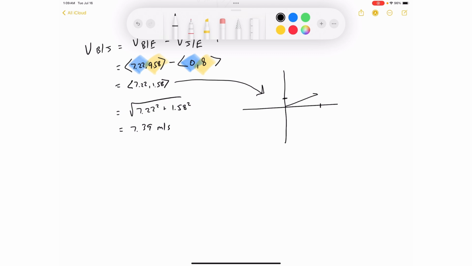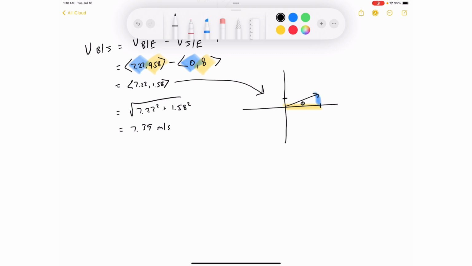So the vector looks a little bit like that. Great. And so what I want to do is put an angle here. We'll call it phi. I want to break this up into the horizontal component. Oh, well, I actually already have a horizontal component, and the vertical one. Great.